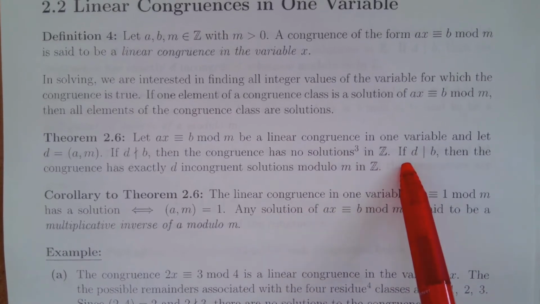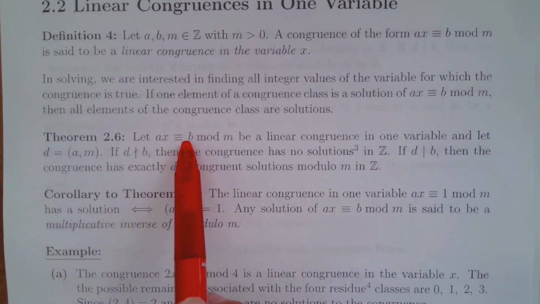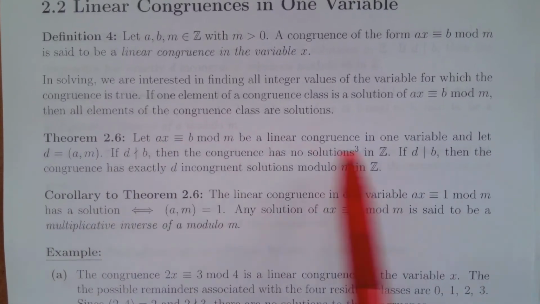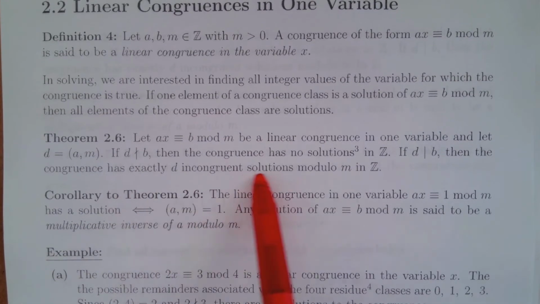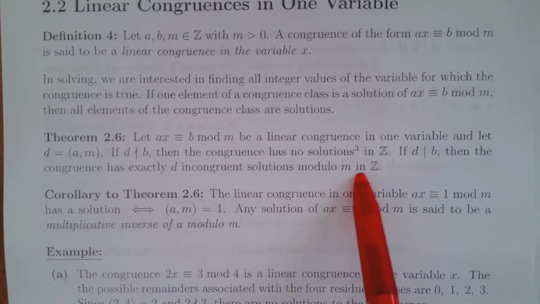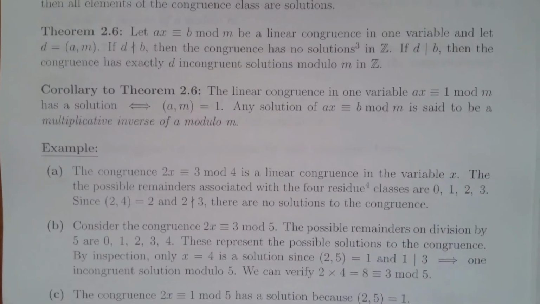Now, if that greatest common divisor does divide b, this remainder, then the congruence has exactly d incongruent solutions modulo m in the integers. We'll look at this example shortly to explain what that means.